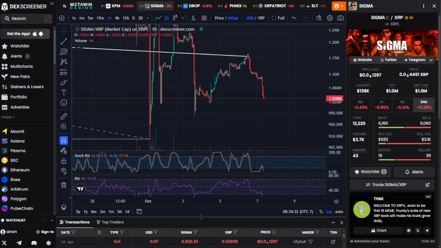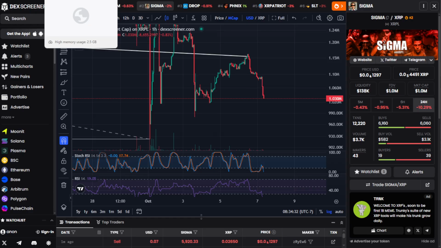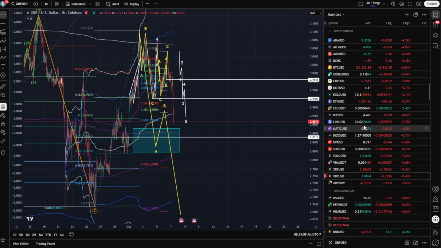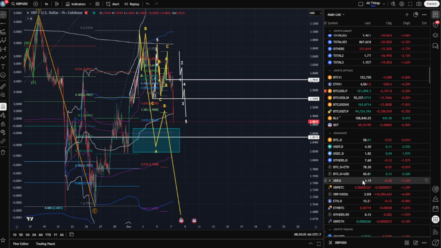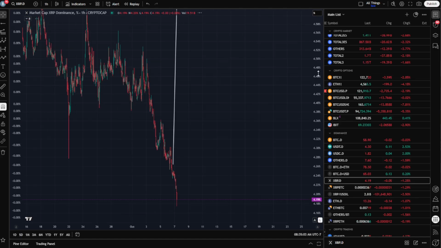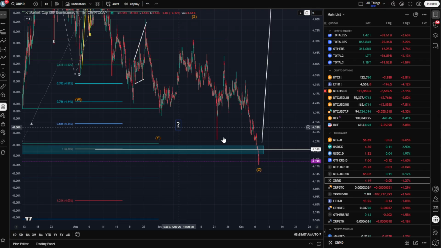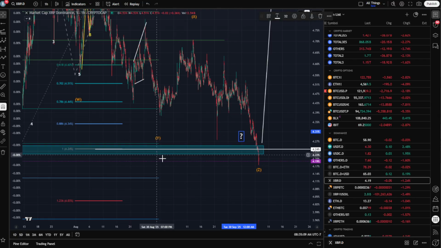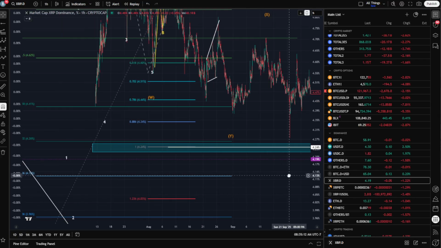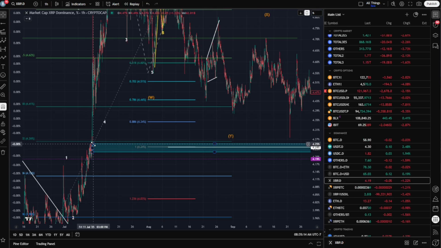Now, one interesting thing beyond Sigma is if we bounce back over to XRP, we had a lot of confluences occur with our dominance. We've been monitoring this area down here for a potential price action sweep to get us back down to close this gap for the overall dominance chart.